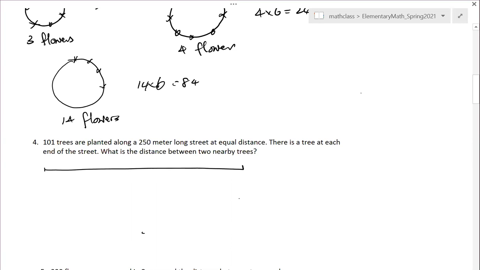If you draw the picture, then you can figure out how many gaps, all right? Anyone else? Okay, Kevin, how do you solve the problem?